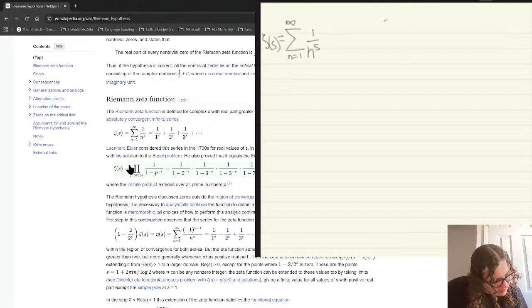And then s is a complex number. That means s equals a plus bi, where a and b are real numbers, and i equals the square root of -1.